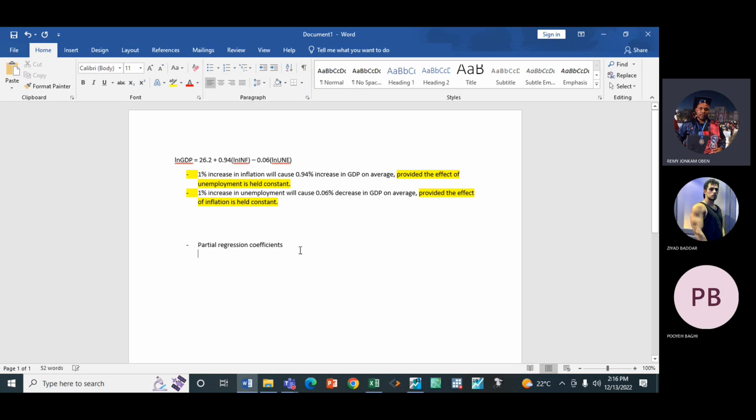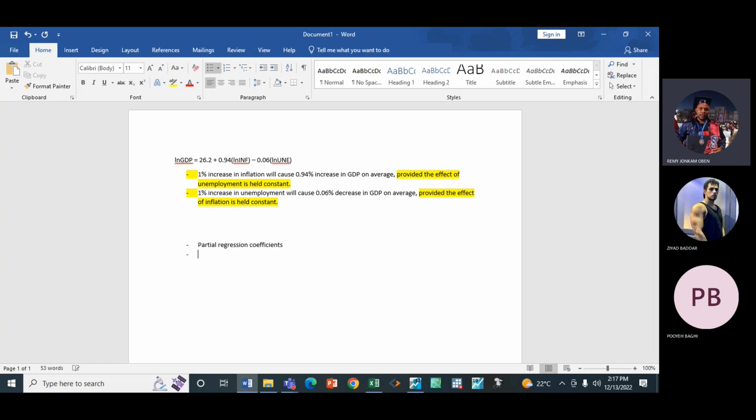And again, there was a question our lecturer asked us in the midterm, if I can remember. He asked us that there are 3, actually 4, things which are very relevant for multiple regression, but not relevant for simple regression.